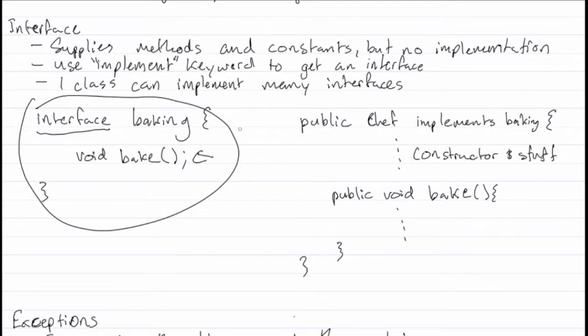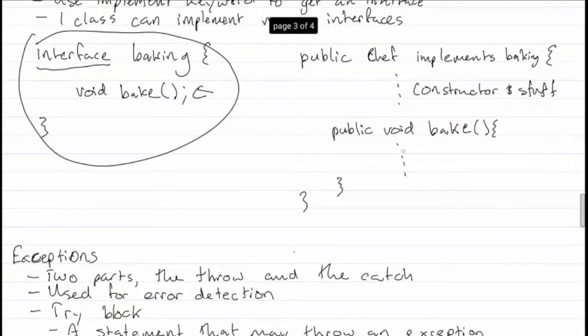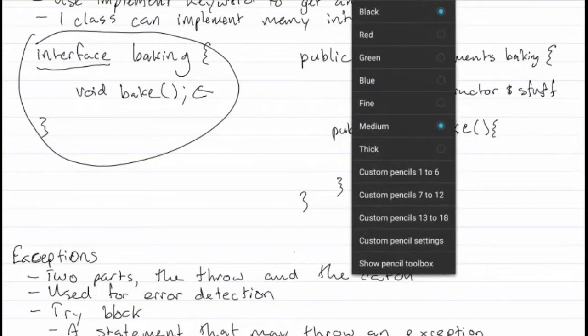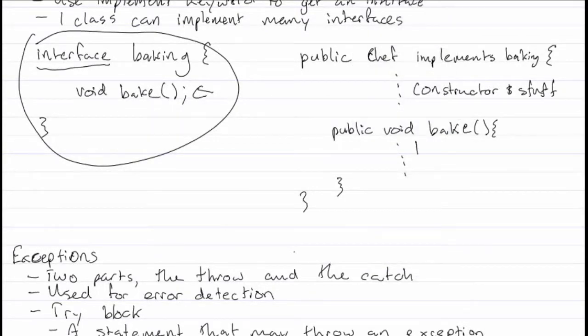Now my chef knows that he needs to bake stuff, right? So now he's going to implement baking, and he's going to learn how to bake and create an implementation of how to bake something. He needs to turn his oven to X temperature. That'll be a variable that changes, maybe with a parameter.